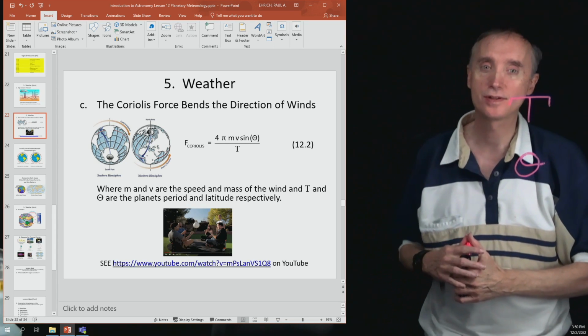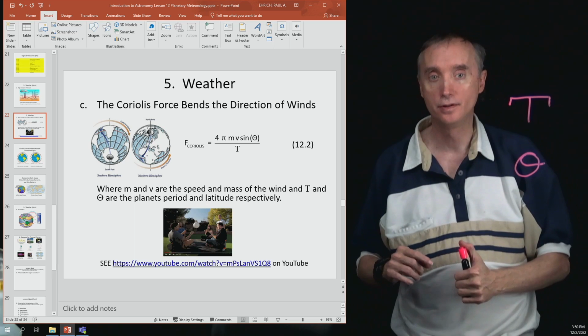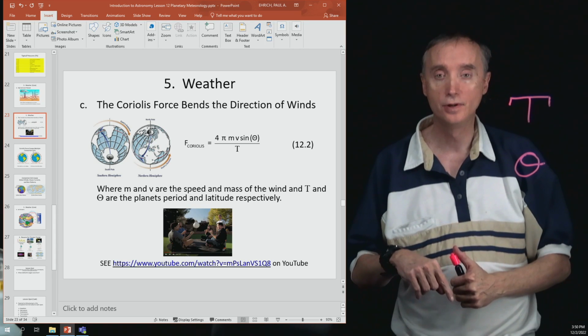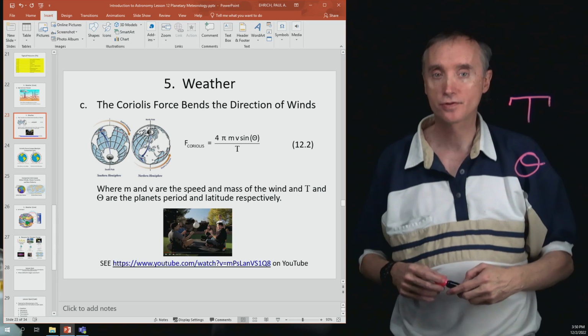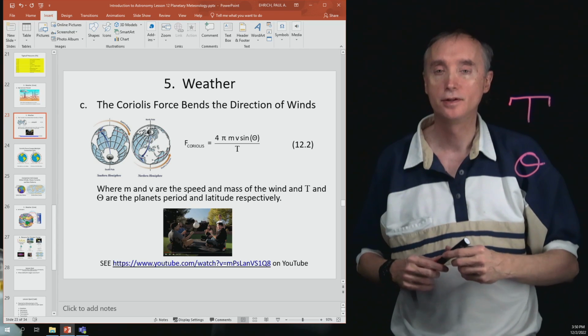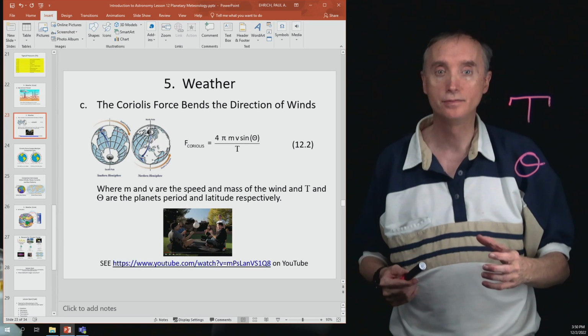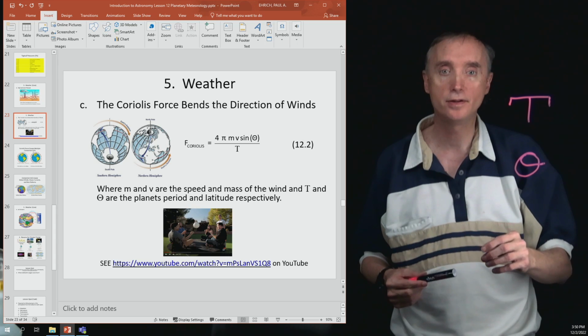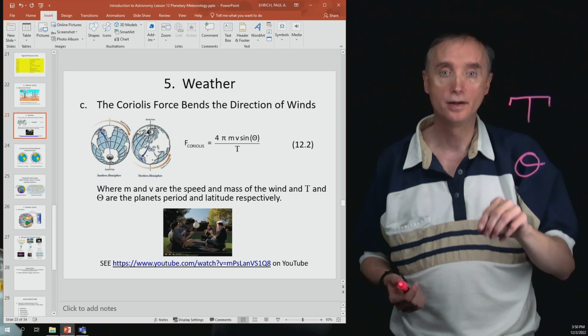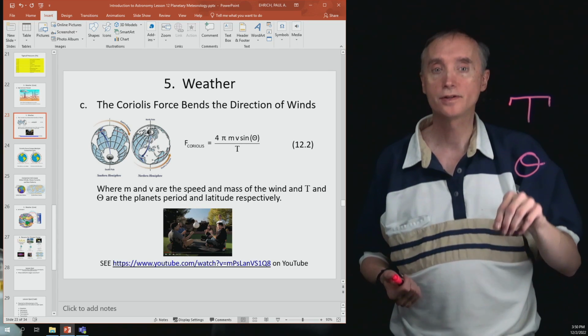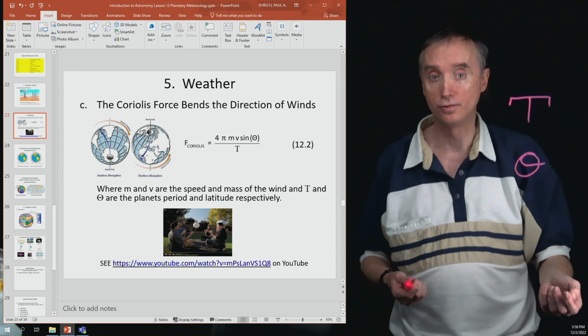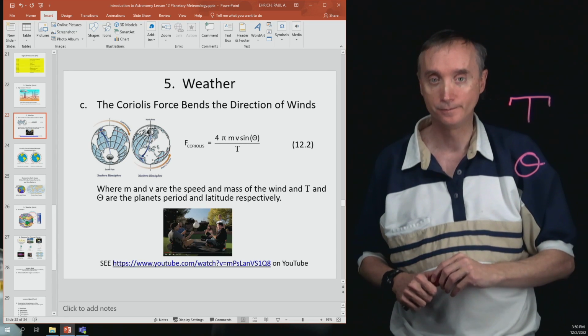You also notice it says sin of the angle, which comes from trigonometry, the trig function sine. So you would read it as 4 pi m times v times the sine of the angle divided by the period.